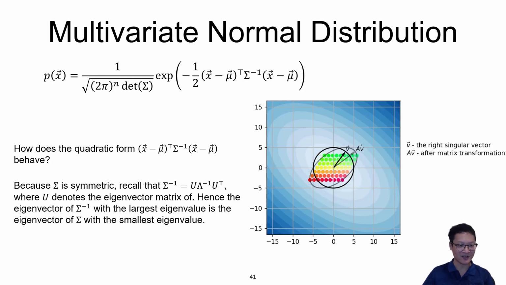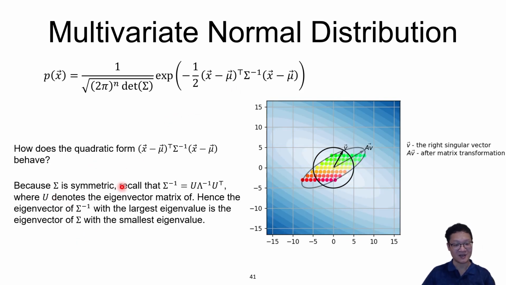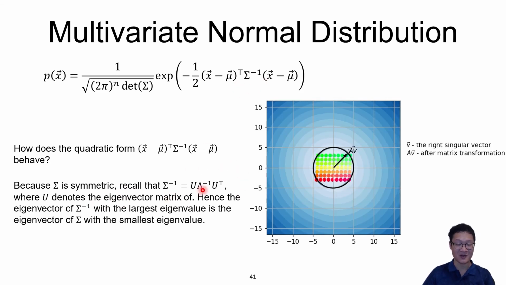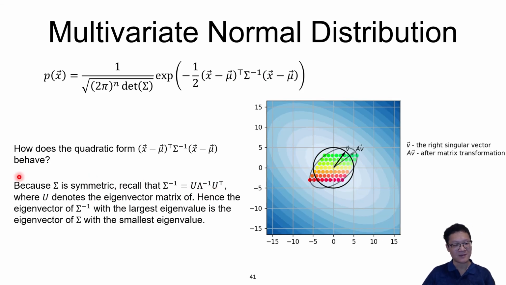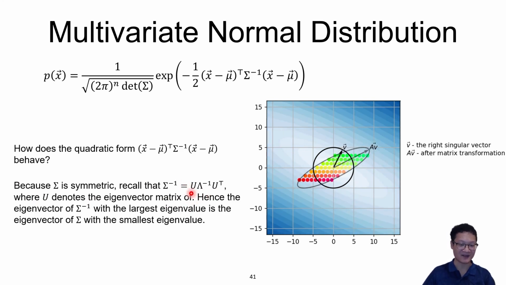Okay, so now the last thing we need is that because sigma is symmetric, we can do the eigendecomposition of sigma inverse, which is equal to U lambda inverse U transpose. The U contains all the eigenvectors of sigma inverse.